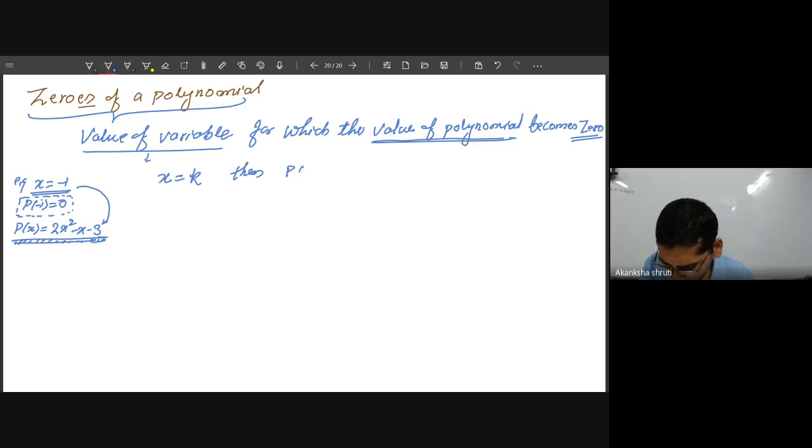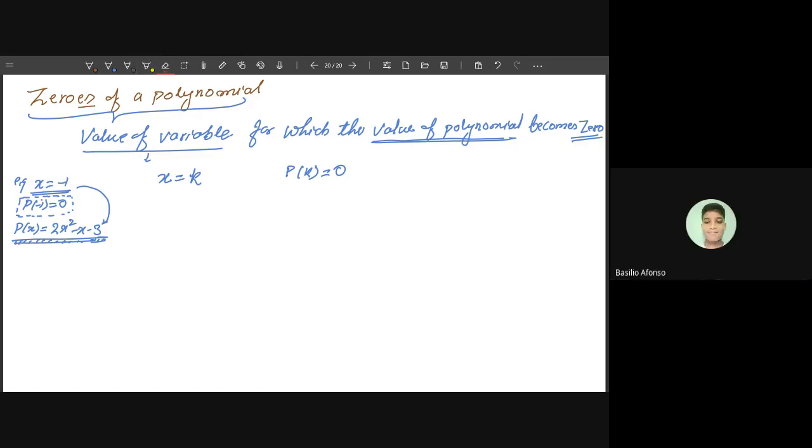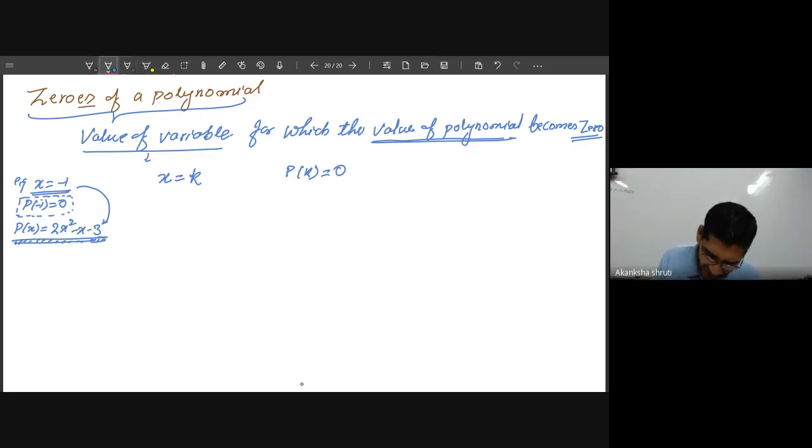Then this P of k we will calculate. If this is coming as 0, then x equals k is a zero of the polynomial. That value of k, the value of x, is called a zero of this polynomial P of x.